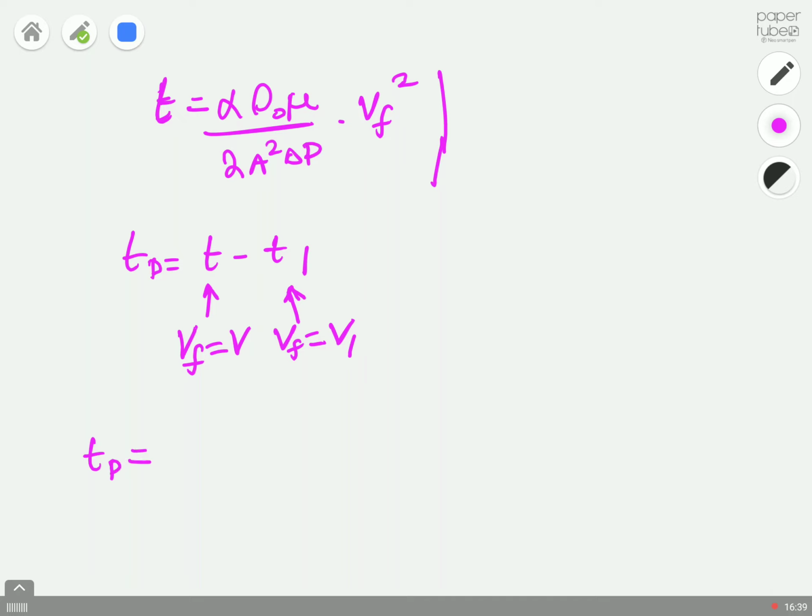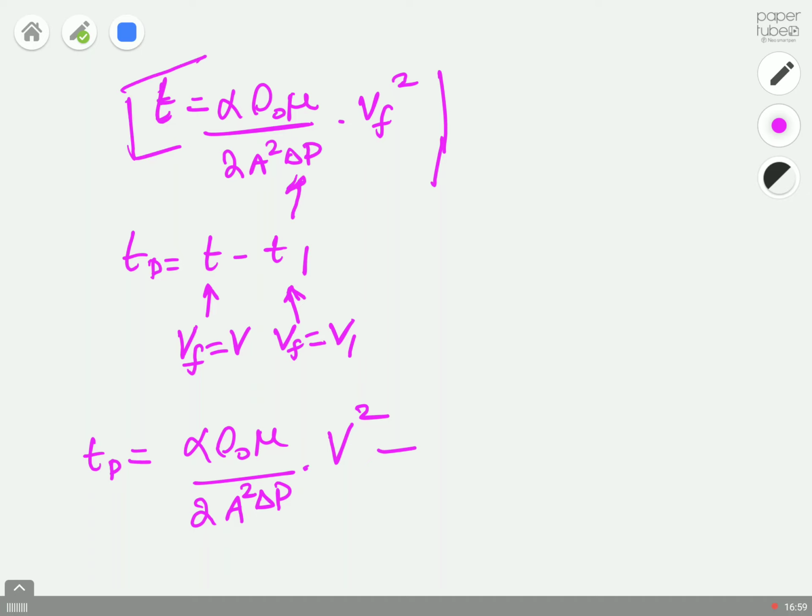Tp will be equal to alpha rho mu divided by 2A squared delta P multiplied by V squared, minus, for T1, just use the same formula, alpha rho mu divided by 2A squared delta P multiplied by V1 squared. All I did is apply the constant pressure filtration theory.